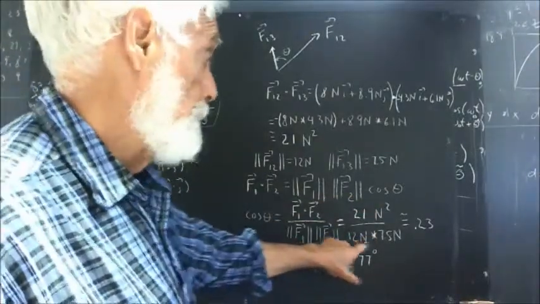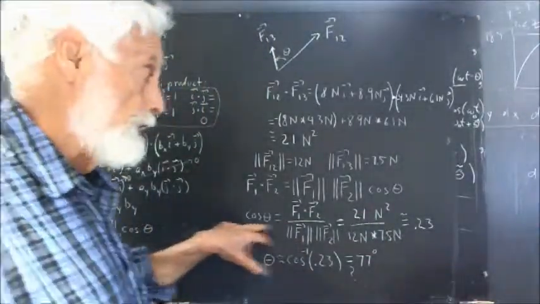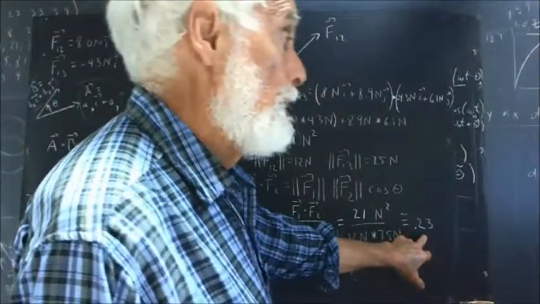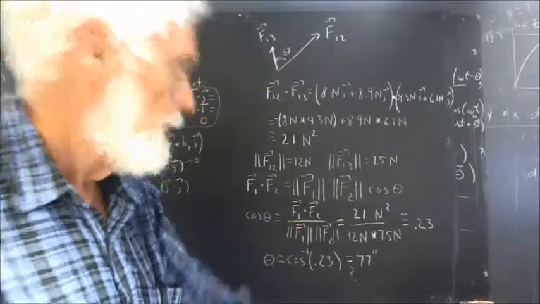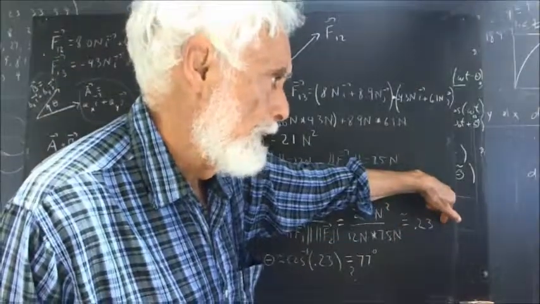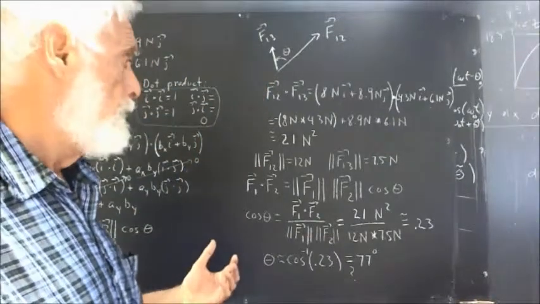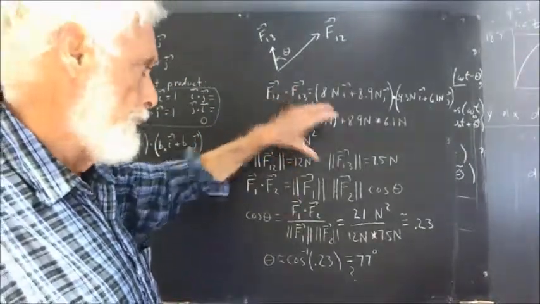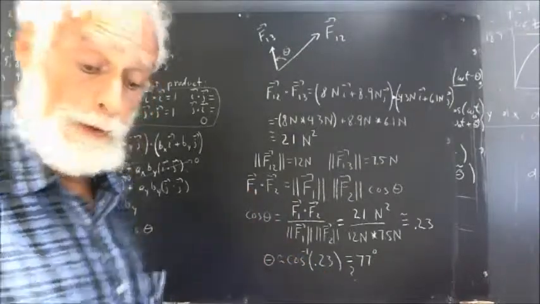The magnitudes are both in newtons, so I have newtons squared here, and as advertised, the cosine of theta comes out to be a pure number, as it must. And then we can take the inverse cosine of that pure number. If the units of this came out in newtons, it means that you did something wrong. You either used a wrong procedure or you just accidentally screwed up your unit calculation, something you should never do, something you should always be very careful with.